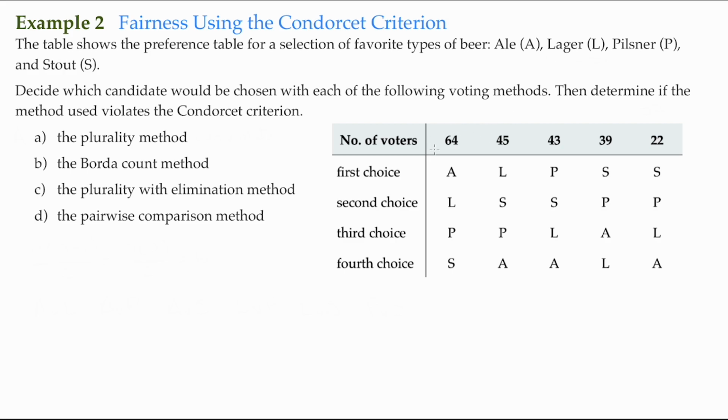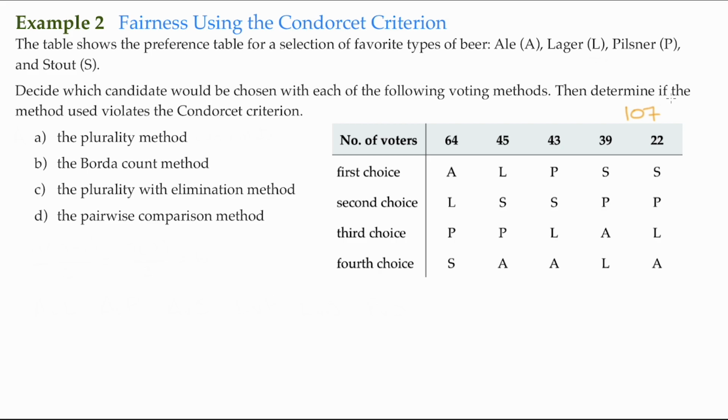If we add up all the voters here, 64 plus 45 plus 43 plus 39 plus 22, that's 213 ballots that were cast. Therefore, more than 50% would have to be 107. You would have to get 107 votes in order to be a majority.